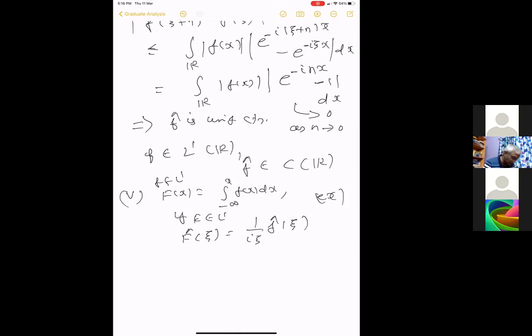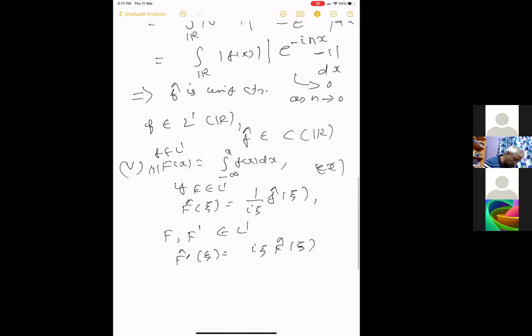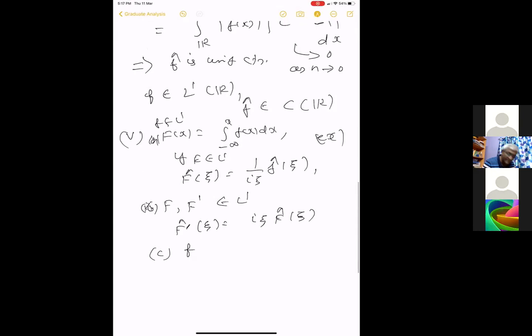The next exercise is, if you have two functions f and f prime, both in L1, then f prime hat of xi equals i xi times f hat of xi. Maybe A, B, C: if f is in L1, and x f of x, if you multiply by x, is also in L1.